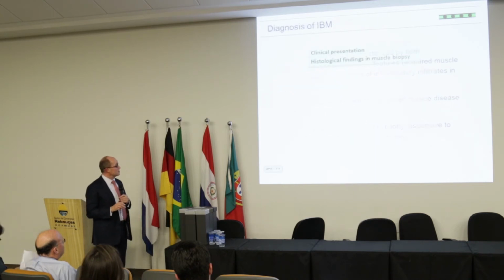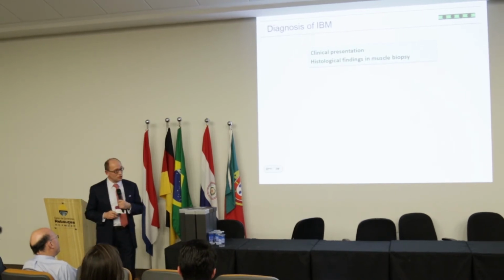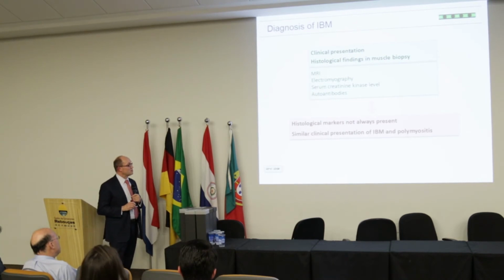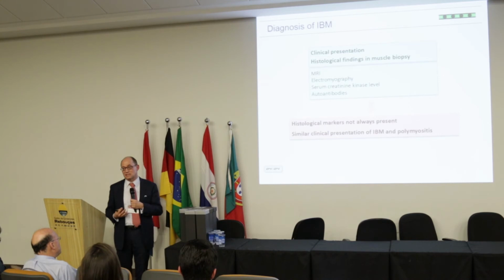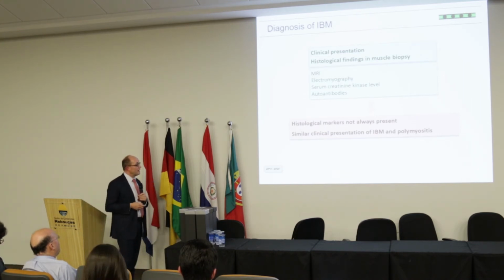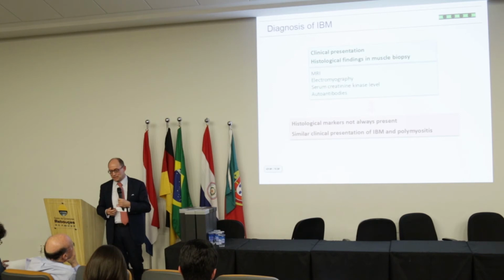The diagnosis is mainly based on clinical presentation and histological findings in muscle biopsy. But the histological findings are not always clear, so there is often a necessity for multiple biopsies. It's also often a very similar clinical presentation to polymyositis.